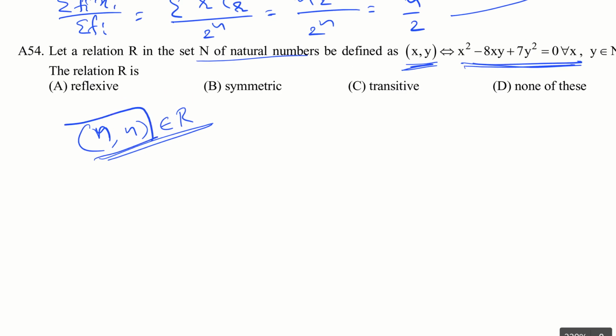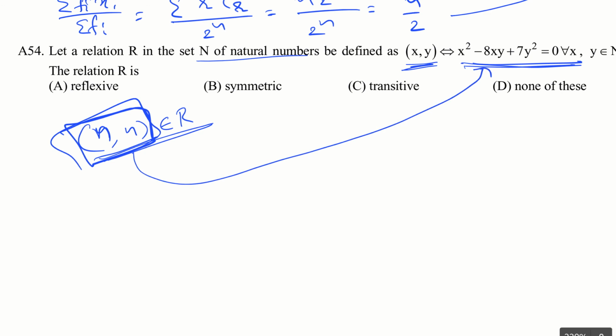Now substituting n and n in the place of x and y, you have n square minus 8n square plus 7n square equal to 0, satisfied. Therefore, it is obviously a reflexive relation. Let us go to next problem.